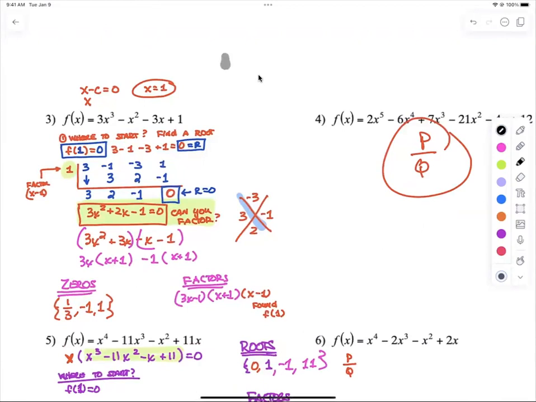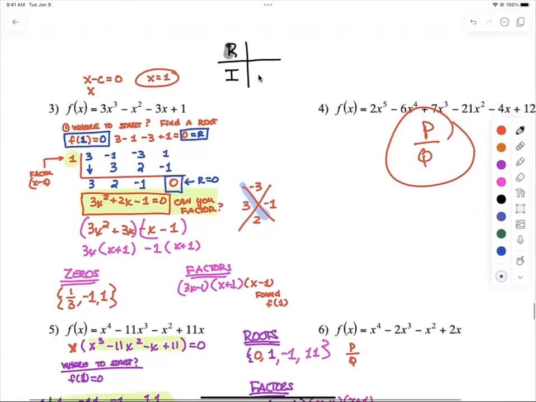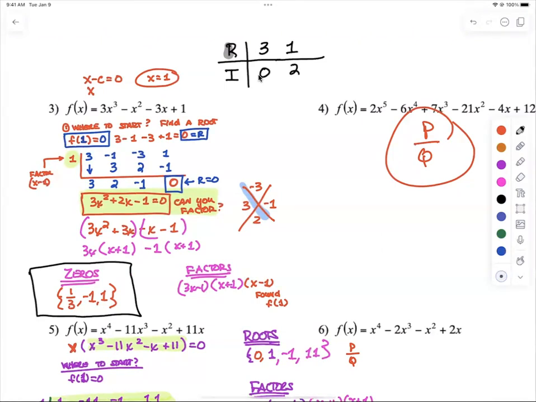So real and imaginary. And since we already know the results, we can see down here that we had 3 real number roots. So my combinations could possibly be 3 real, no imaginary, or 1 real and 2 imaginary. So in this particular case, I had 3 real roots.